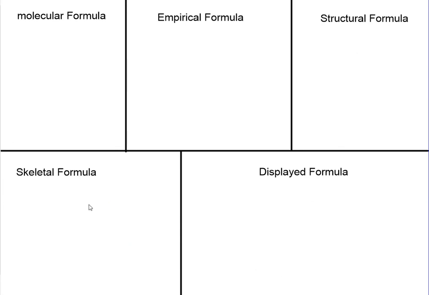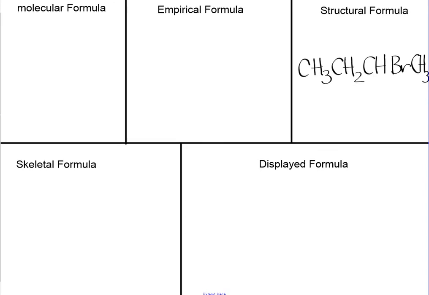Let's have a go at another one. What if we were to give you the structural formula that looked like this? CH3, and then we're going to have a CH2, and then we're going to have a CH and a Br, and then we're going to have a CH3. So usually it's good to try to display it first, so try to turn it into a displayed formula.